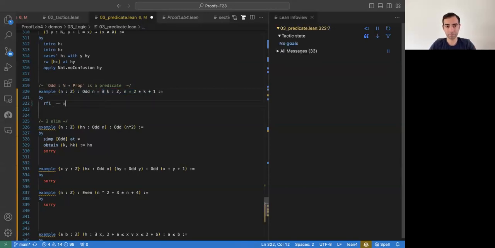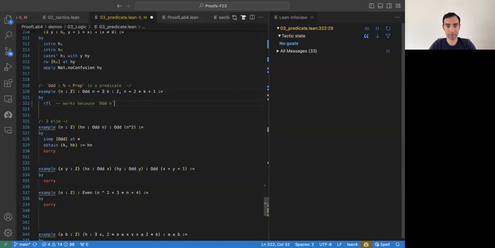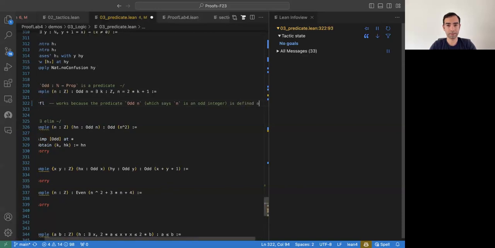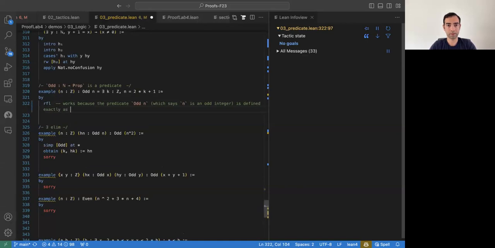Can you explain that again? Why reflexivity works? Because odd n is defined exactly as the statement like this.